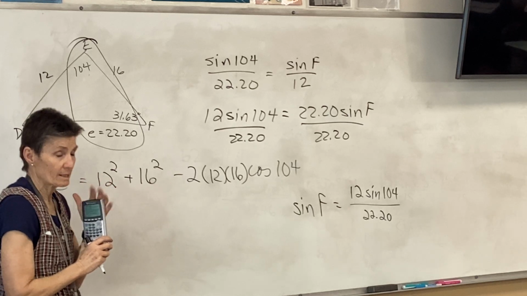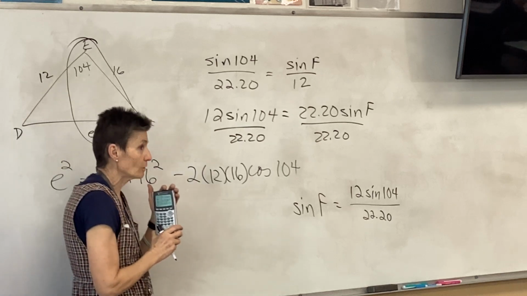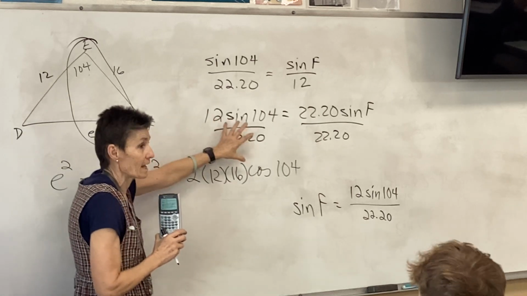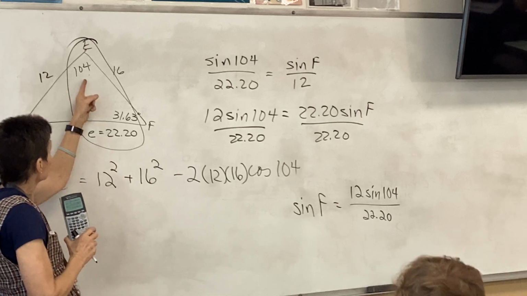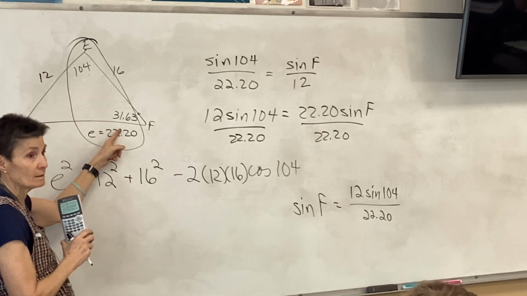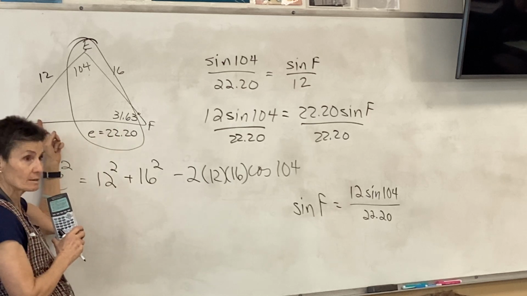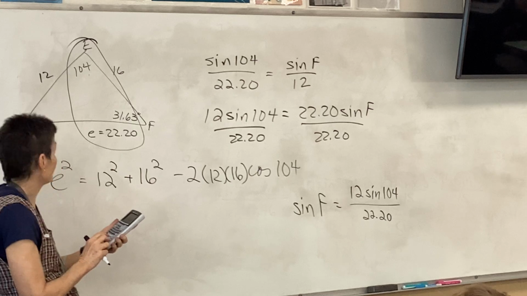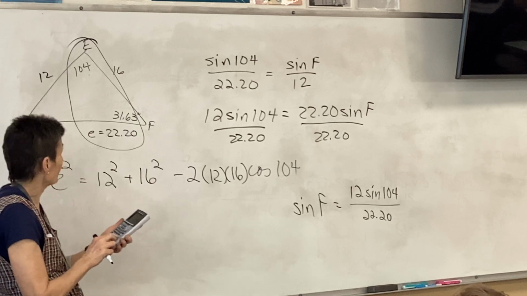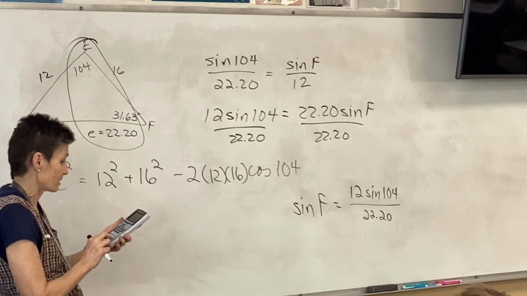And then the good news is, if you're really into the law of sines, you could do that again to find D, but you don't need to. Because now that you know 104 and 31, can't you just subtract to get this one? So 180 minus 104 minus 31.63.